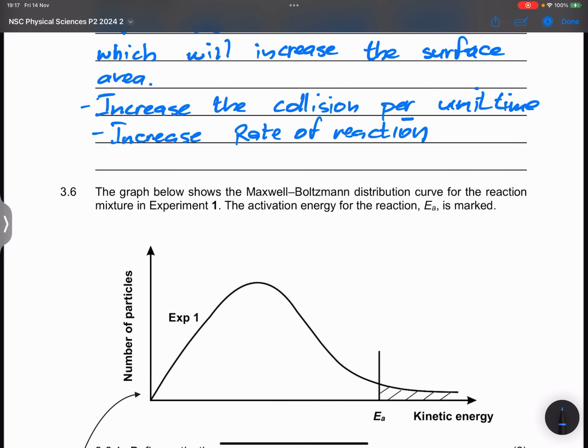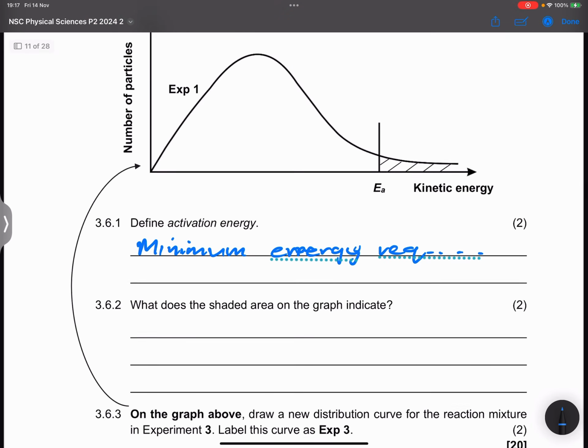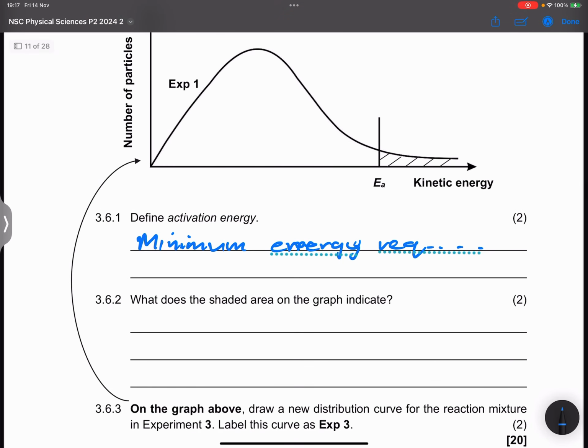So here they've given us the Maxwell-Boltzmann distribution curve, and in 3.6.2 they ask what the shaded area of the graph indicates. Remember, it shows us the number of particles that have sufficient kinetic energy. These are the particles that have kinetic energy greater than the activation energy.